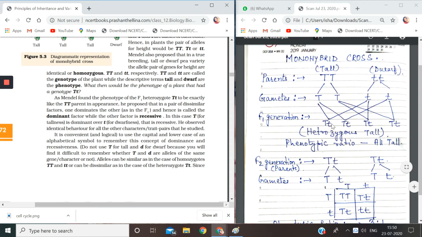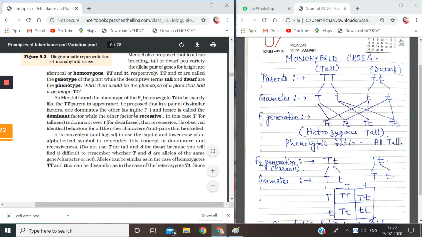So if this plant is tall, then this capital T has expressed itself and the other has been suppressed. The one which has expressed is the dominant factor and the other which is not expressed is recessive. This is what he is explaining in these lines.